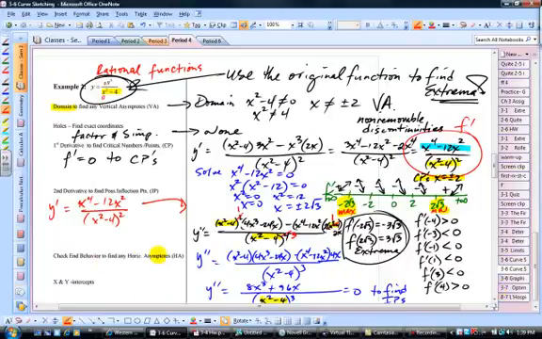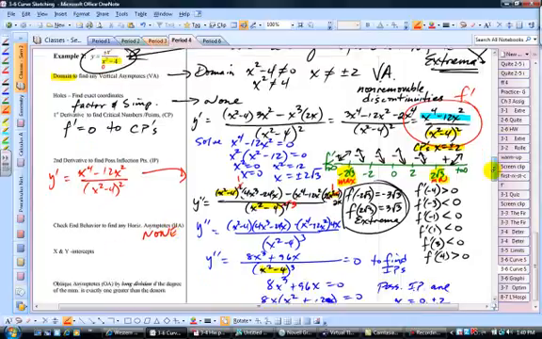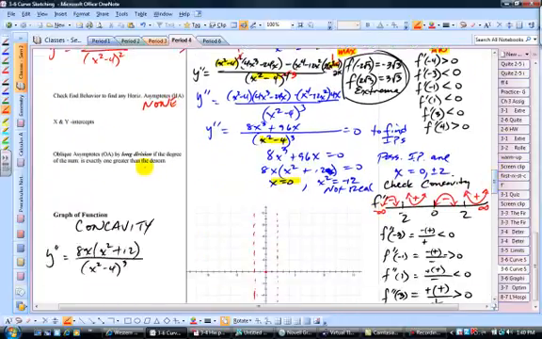We don't have a horizontal asymptote because the degree is higher in the numerator than the denominator. So no horizontal asymptotes, but we have an oblique. Since the numerator is exactly 1 degree higher than the denominator, we have to do some long division to find our oblique. So that's going to be fun. We'll do that in a minute.